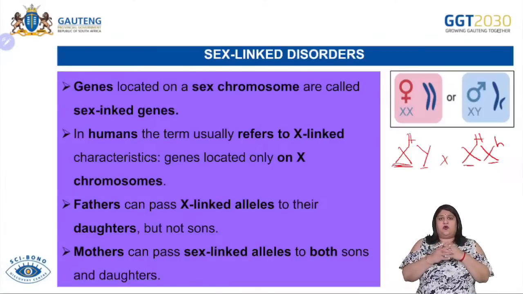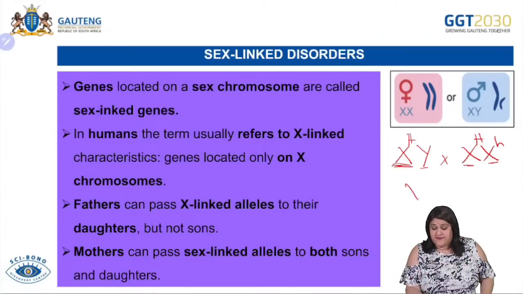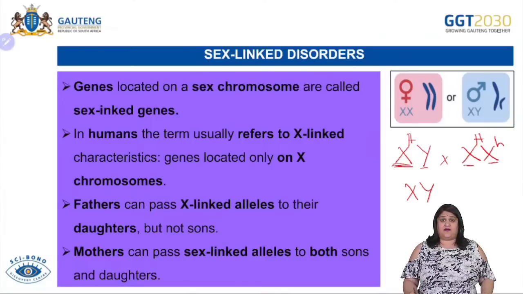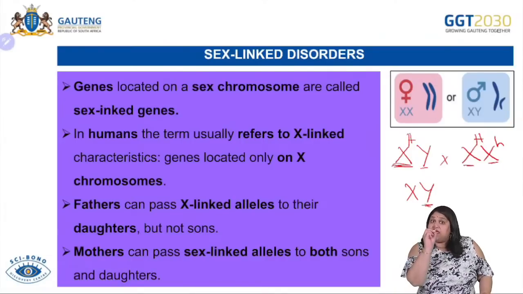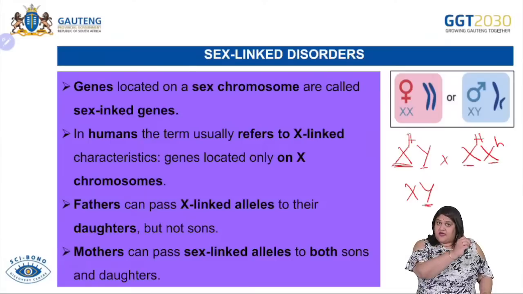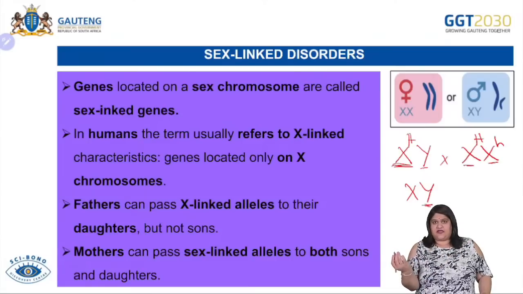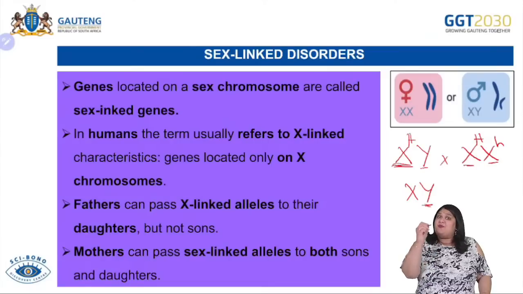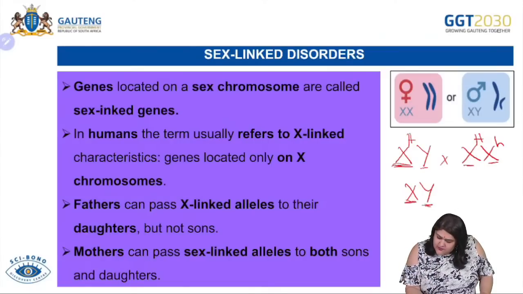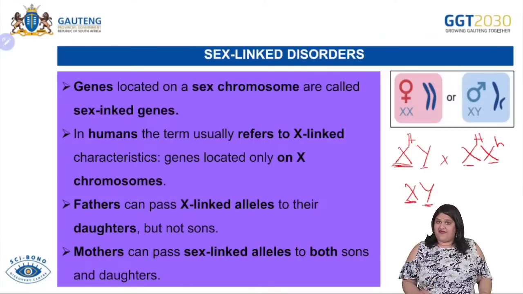So if this particular offspring is a boy, his chromosomes must be XY. Where does he get that Y from? He can only get that Y from his father, because mothers, females, have XX. So that boy could only have gotten the Y chromosome from the father, which means that his X chromosome has to come from the mother.